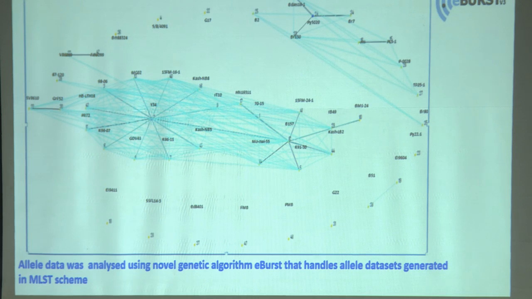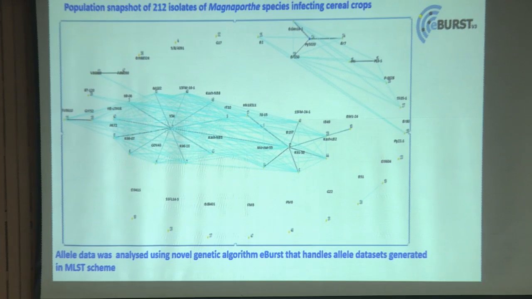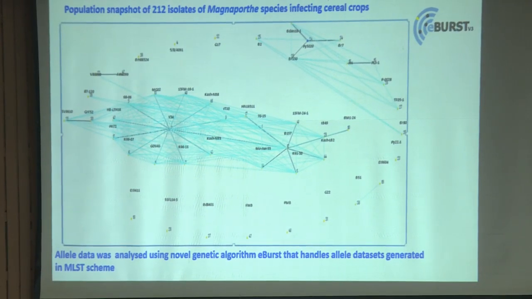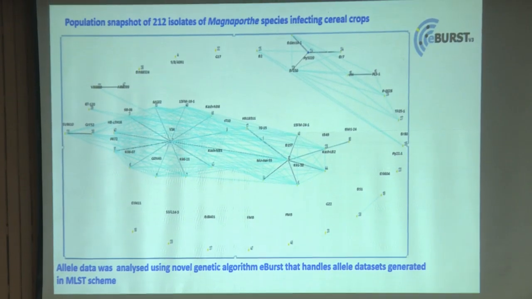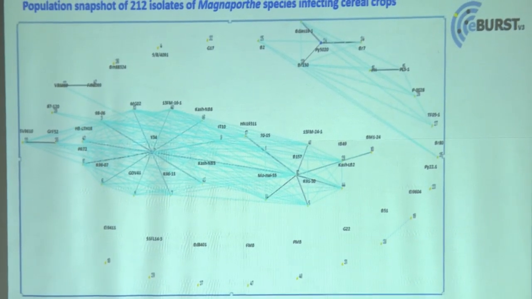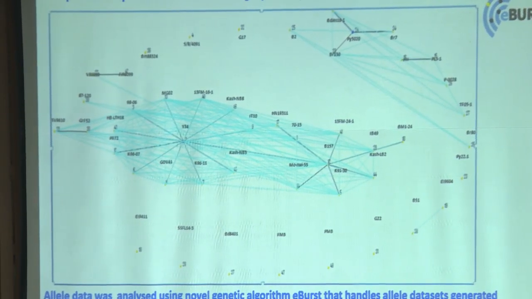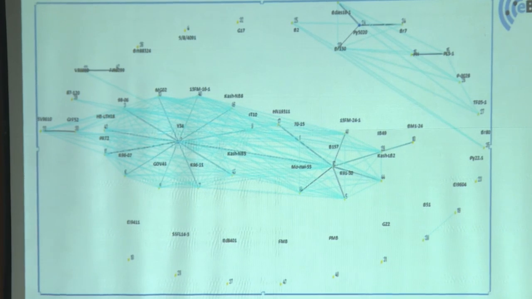Two isolates sharing all alleles except one, maybe they are twins but not identical twins, correct? In an analogy. Two isolates that share all except 3 or 4, they are closely related, maybe they are relatives.